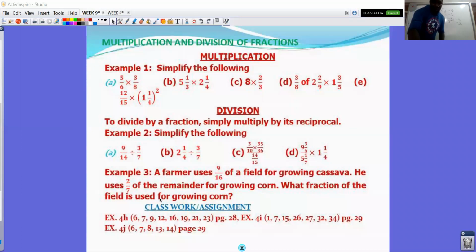I believe you can see the board clearly. I hope you can see the board. Can you see the board now? Check now. It should be clear now.